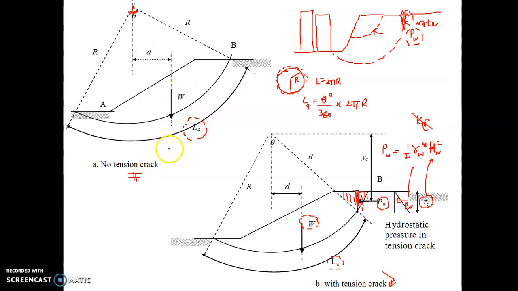Whereas the moment that tries to resist the failure comes from the cohesion, the soil properties, with the length at the respective theta. When we have water pressure here, of course it will lead to an additional moment that induces the movement, adding a factor to slide.